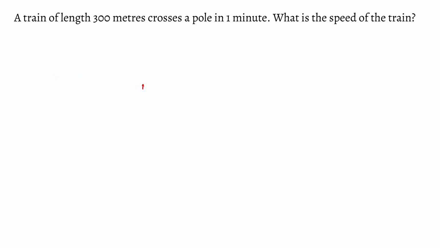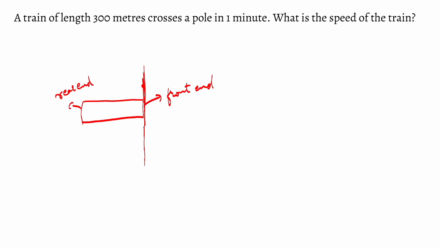Let's take this as a point object. When do we say the process of crossing started and when do we say it ended? Let's take a train here. Let's consider this as a pole. Of course, a pole is also a point object because the distance is negligible. This is the rear end of the train and this is the front end of the train.